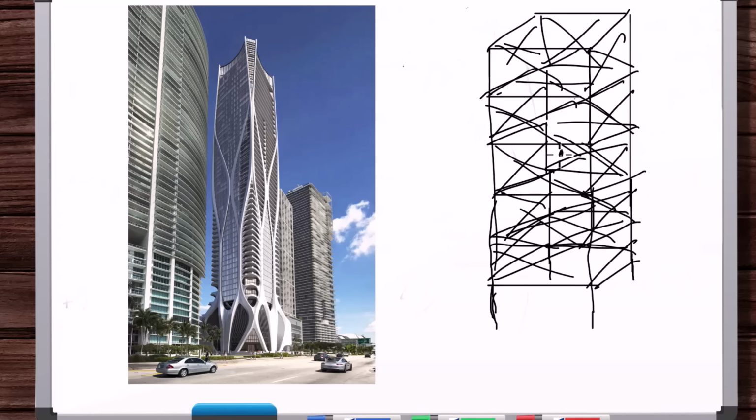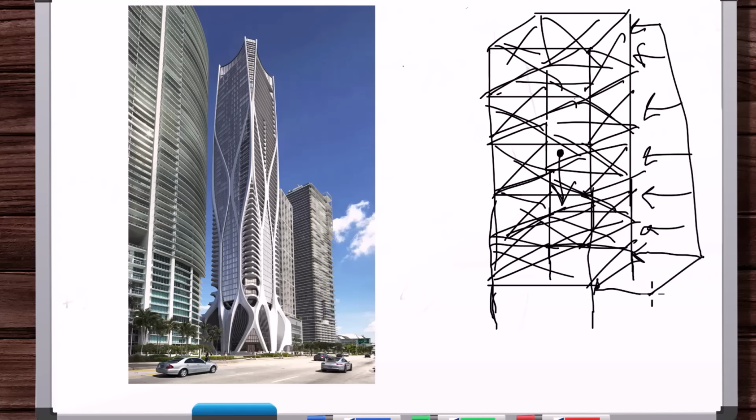So you could put at the center of gravity, put the entire weight. Then you could put a wind load. This would extend like in 3D.